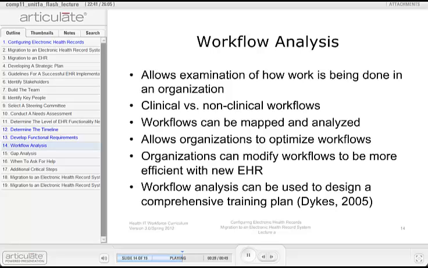Both types of workflows can be mapped and analyzed. These analyses can help organizations modify workflows to make them more efficient with the new EHR. Workflow analysis also allows organizations to become aware of and prepare for the changes in workflows that will occur as a consequence of implementing a new EHR.